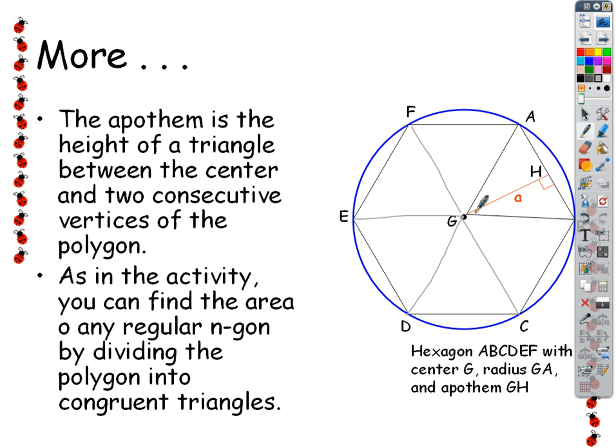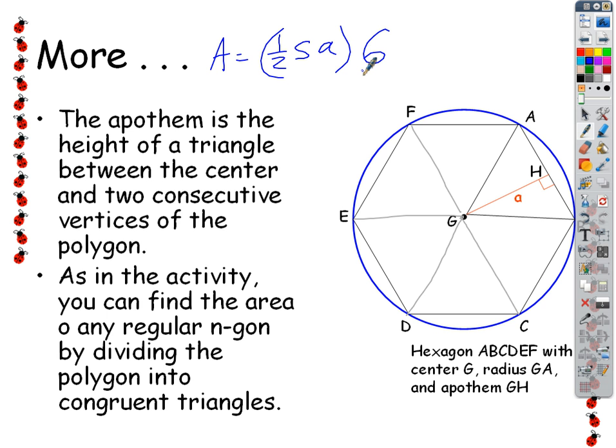So what I would really end up doing to calculate the whole area of this thing would be 1/2 times the base, which is just the length of one of the sides of the polygon, so we'll call that S, times the height, which is the apothem, A. That's 1/2 base times height, times 6, because there are 6 sides, right?